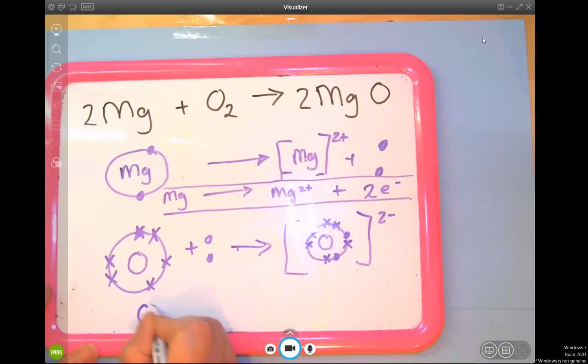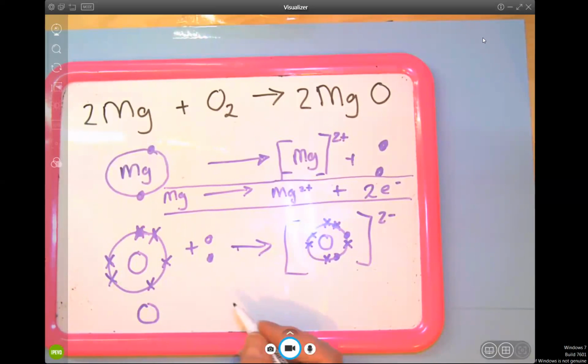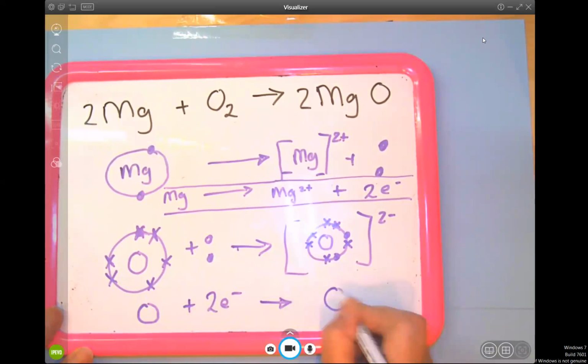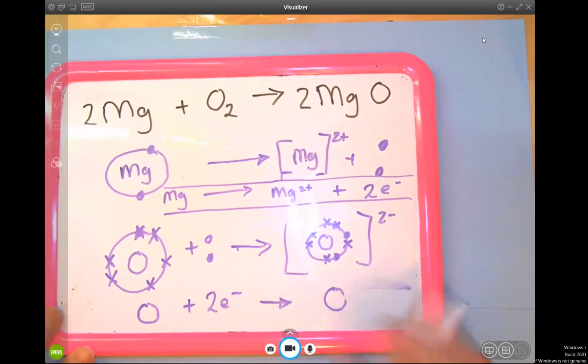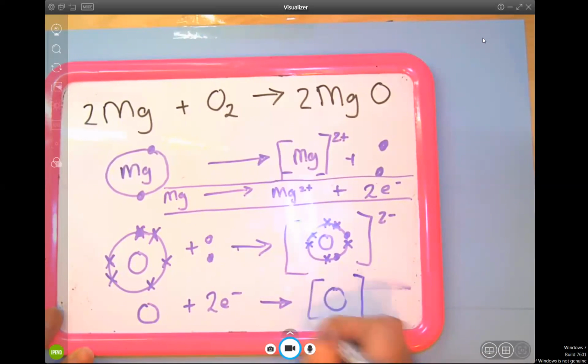So that's an oxygen atom gaining 2 electrons to give an oxygen ion.